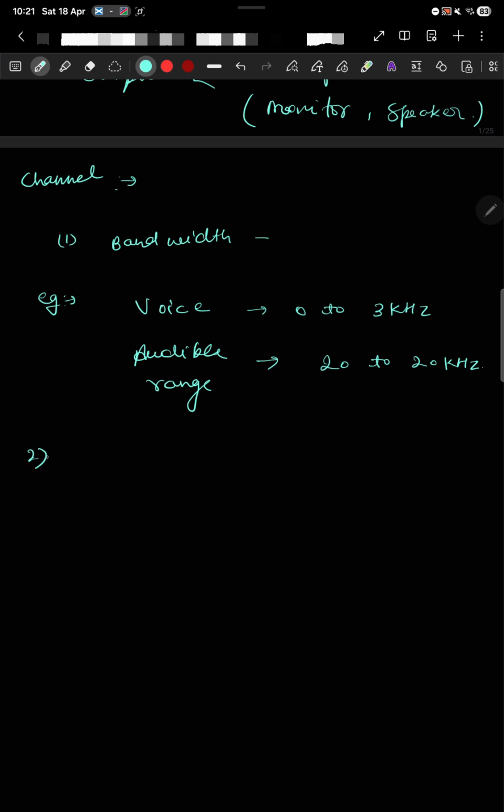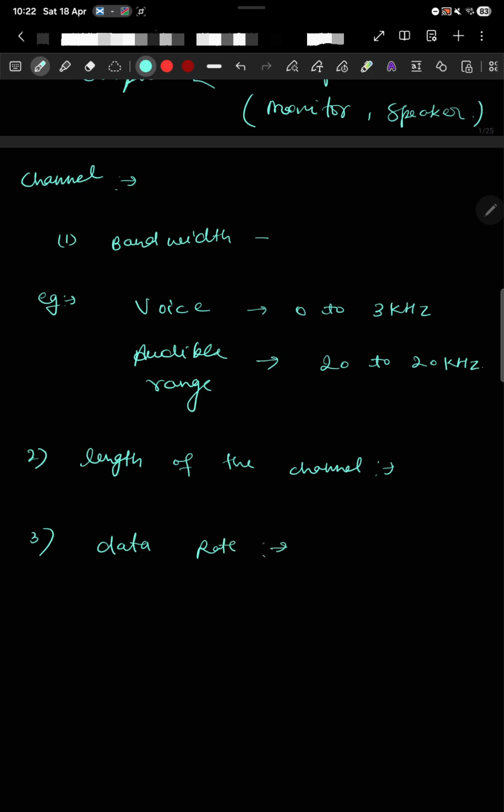Second point is length of the channel. That means as distance increases, the signal becomes weaker due to attenuation. Let's see third point. Third is data rate.